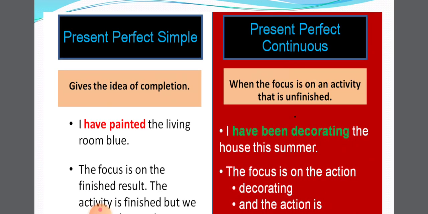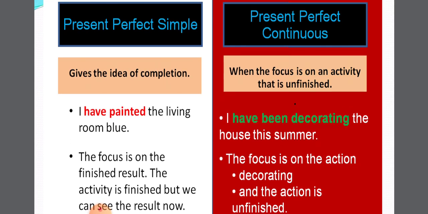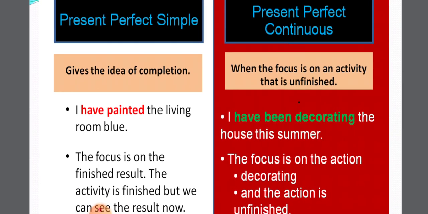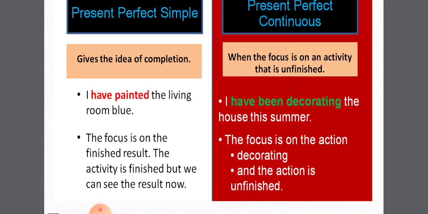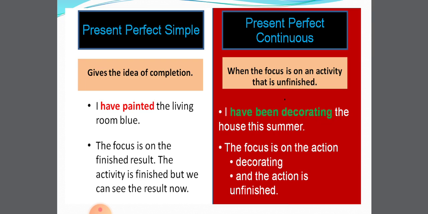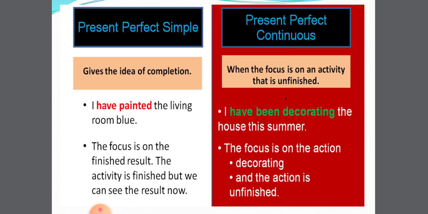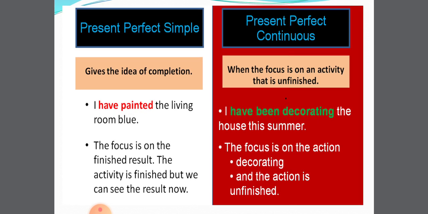What is the difference? Present perfect gives the idea of completion. Example, I have painted the living room blue. Now you see the focus is on the finished result. The activity is finished, but we can see the result now. But in case of the present perfect continuous, the focus is on the activity that is unfinished and still continuing.